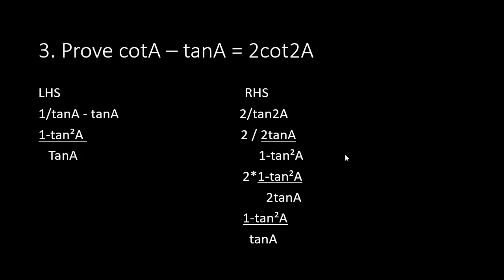But it makes sure you know these little tricks, which is quite good. So then you have this, that goes up there, that goes there, that becomes a multiplication, and then these two 2's cancel, and you get exactly the same. That proves it.